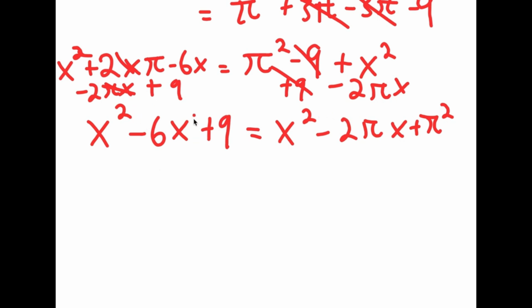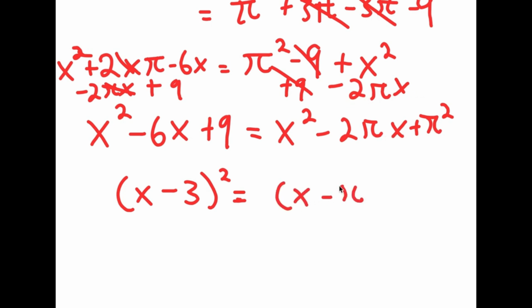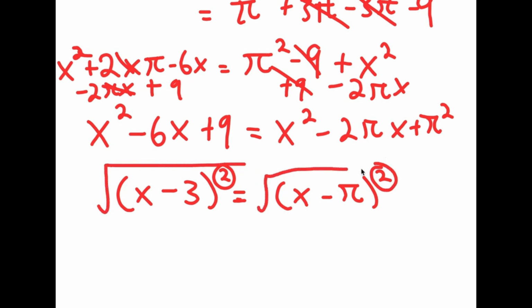And now, x squared minus 6x plus 9 factors into (x minus 3) squared. And x squared minus 2 pi x plus pi squared is the same thing as (x minus pi) squared. So I have (x minus 3) squared is equal to (x minus pi) squared. Now, I want to cancel these two squares, so I'm going to take the square root on both sides.